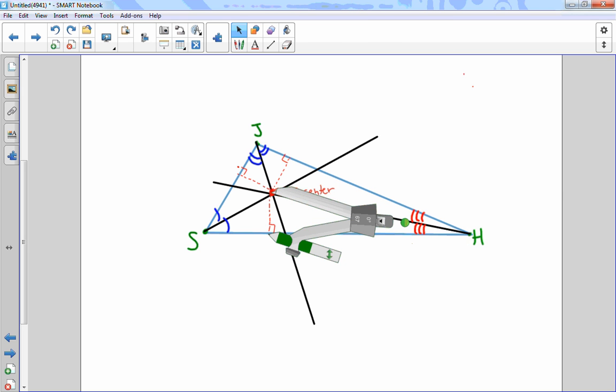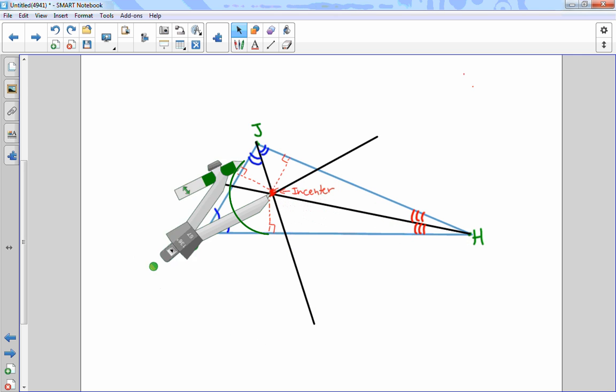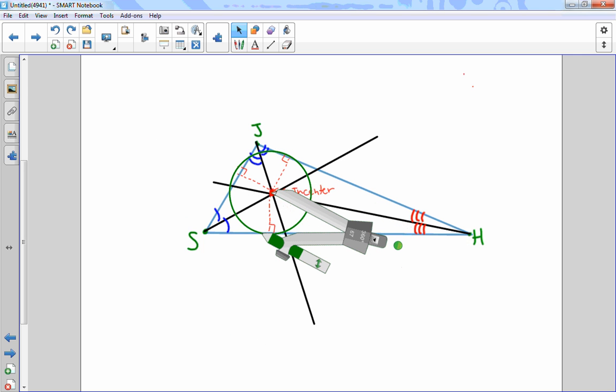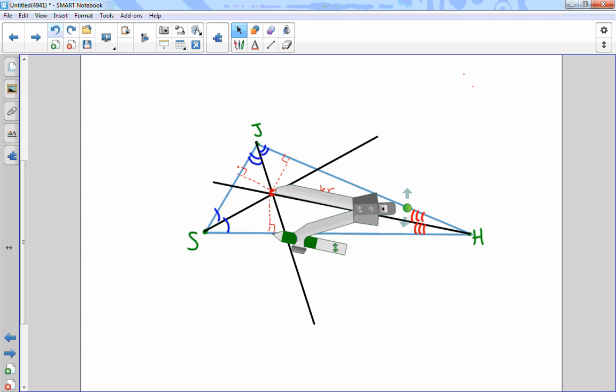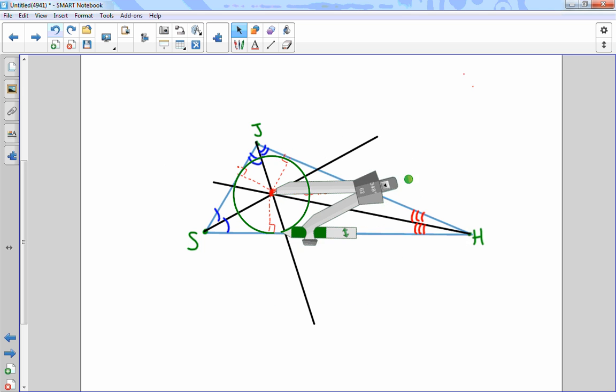Let's do green. There we go. I'm off a little bit. I don't quite get it on. These come down. These come in. Aha, there we go.